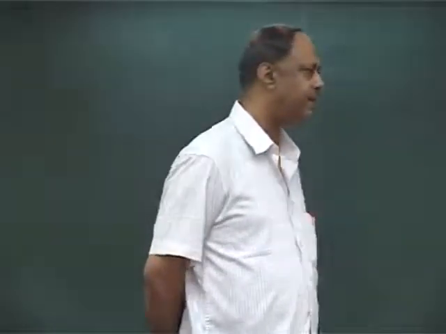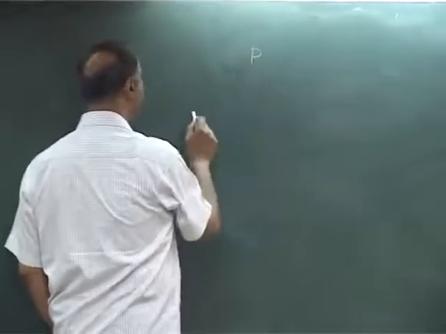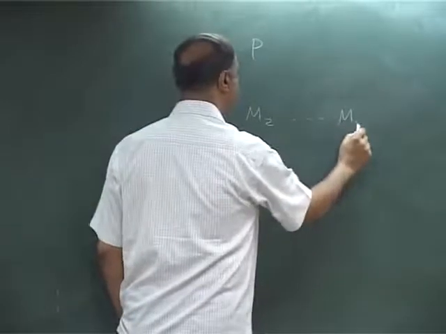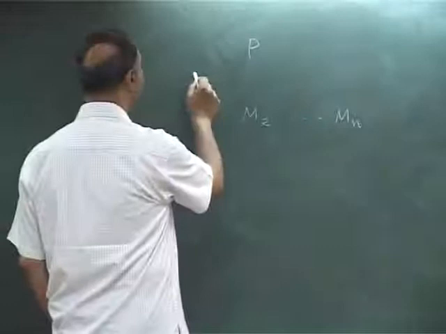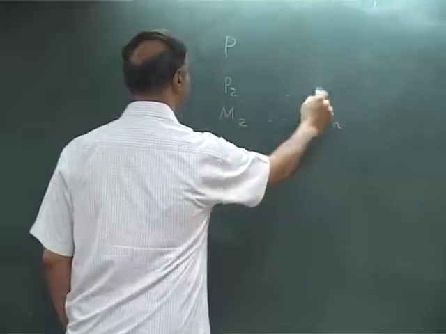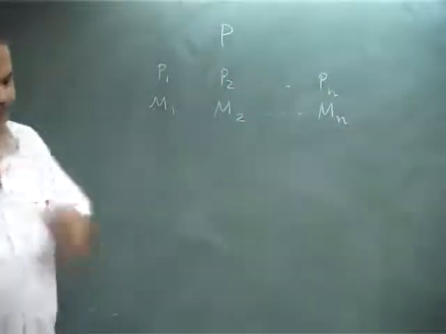Say you have a problem P and n machines. Then you divide this problem P into n subproblems, and each subproblem Pi is attached to machine Mi.